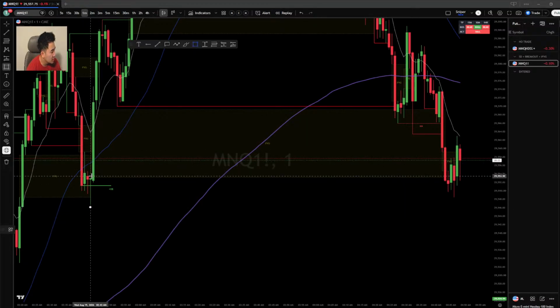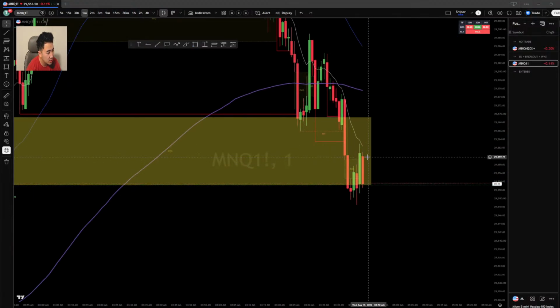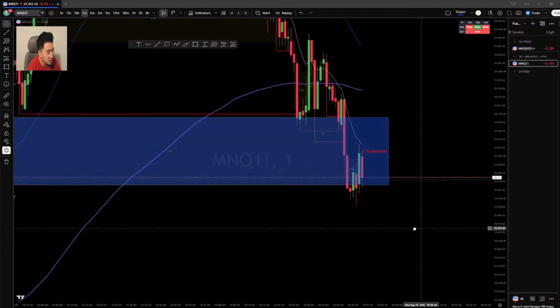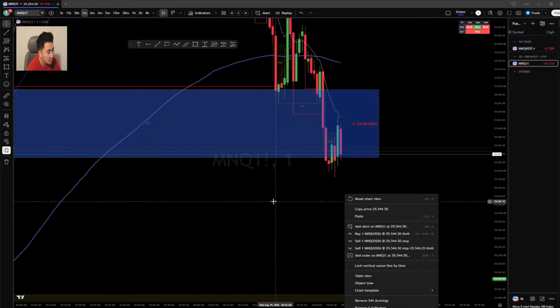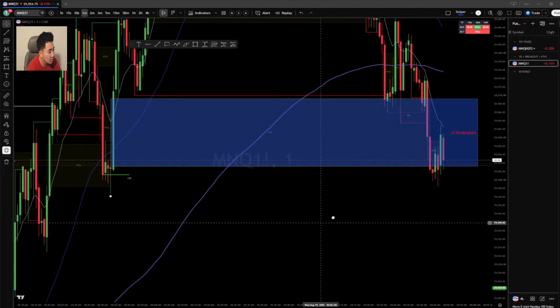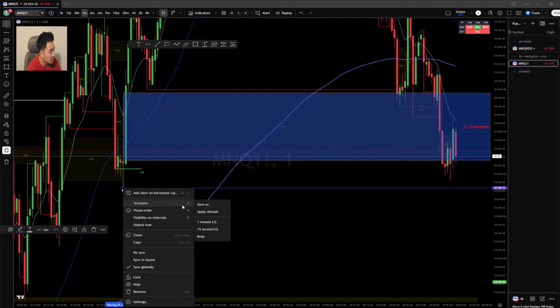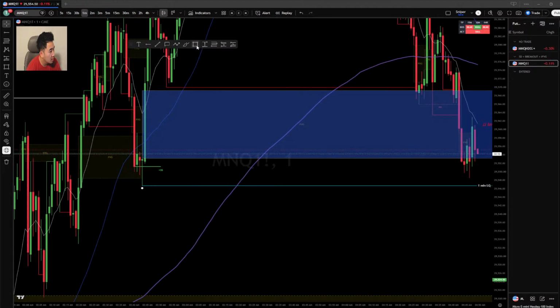Draw these inversion zones. Bullish gap right here. Price breaks through, closes over it, becomes a bearish inversion. We have 1 minute liquidity sitting right here. There's also a bullish FVG right here.